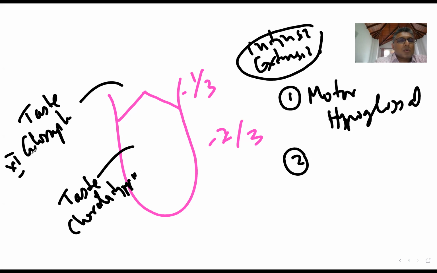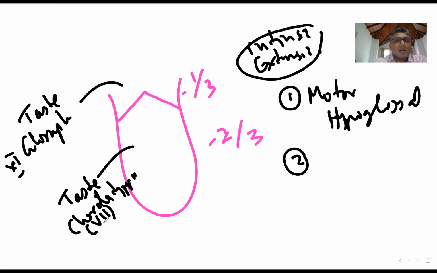This chorda tympani nerve is part of the 7th cranial nerve. So one can say that it's taken by the facial nerve, but don't say that at this stage, because the chorda tympani joins the facial nerve at a later stage.